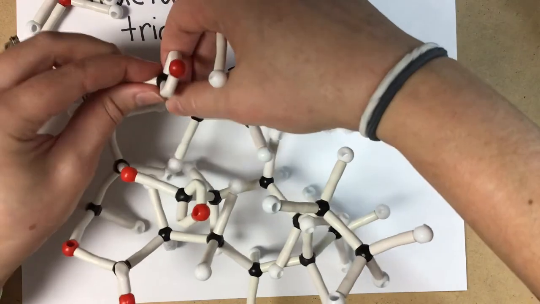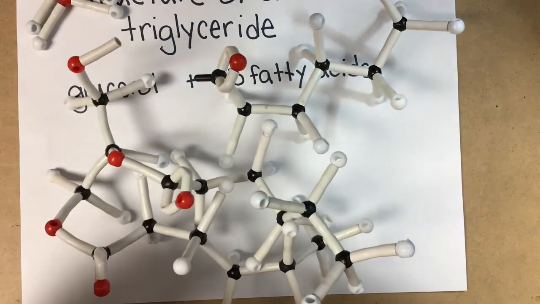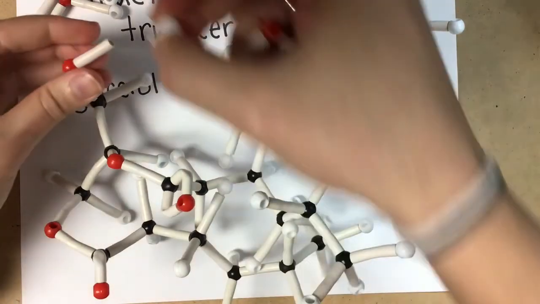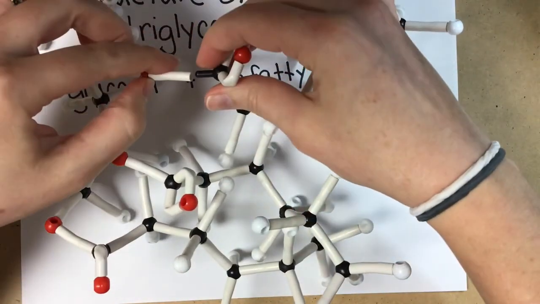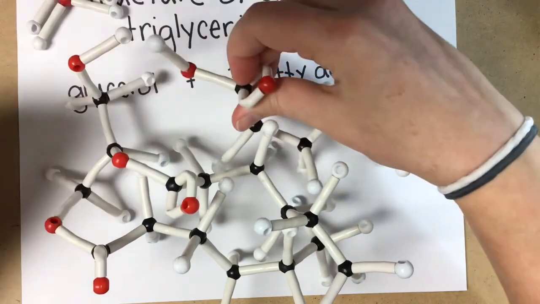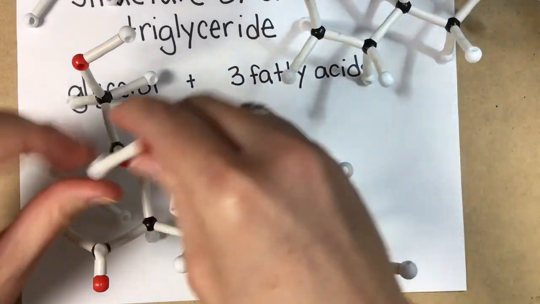So if I remove the fatty acid, I have to replace what is missing. What was missing off of the glycerol molecule was the hydrogen, and then I can reattach the nose, so reattach the OH here, and I can do that over here again.